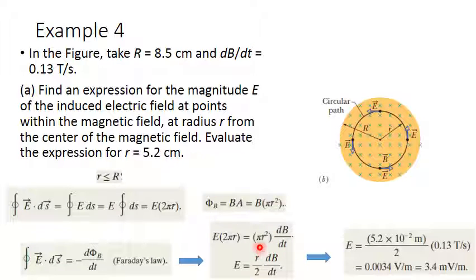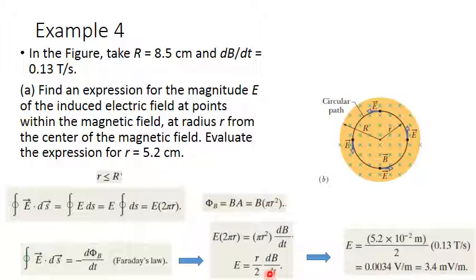So in this case, the electric field E would be this value over 2 pi r. So this pi will be removed with this pi, this r will be removed with the square, and 2 will be in the denominator. So the electric field in this case equals r over 2 multiplied by partial B by partial t.